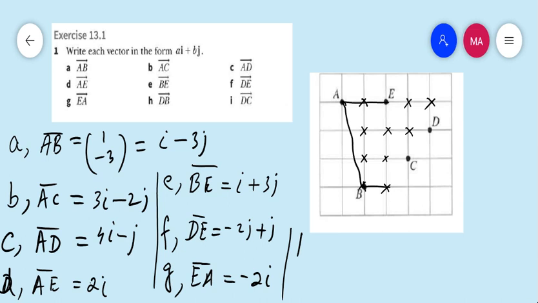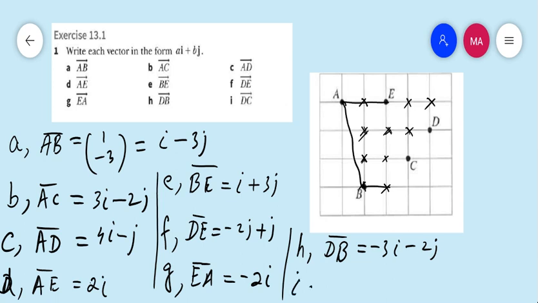Part H, DB. So D is here, minus 1, minus 2, minus 3, minus 3i, and B is minus 1, minus 2, minus 2j. So minus 3i minus 2j.